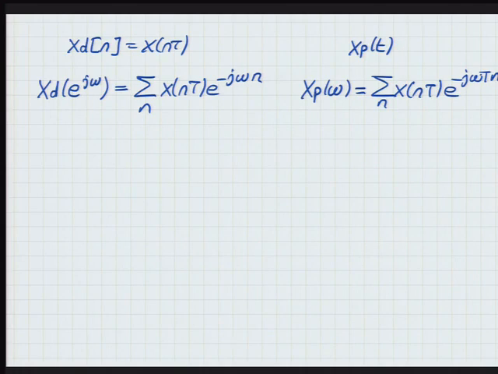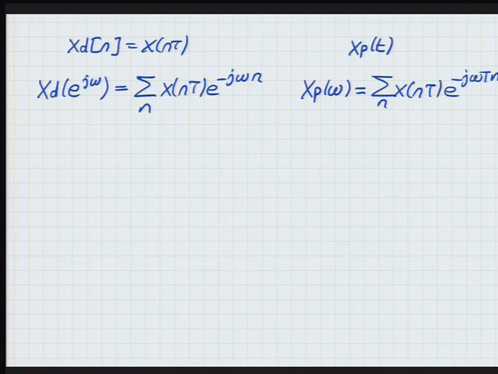Because when I'm talking about the Fourier transform of a discrete time signal, we have e to the j omega n. So the omega involved there has the unit of radians, right? It's just an angle, right? Whereas when I take the continuous time Fourier transform, omega appears multiplied by t, right?